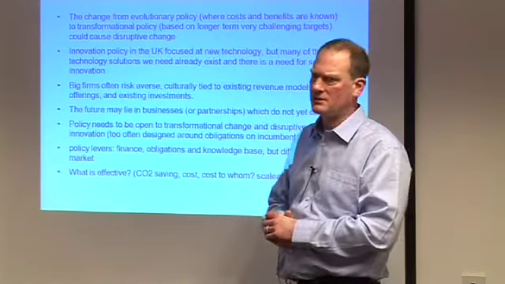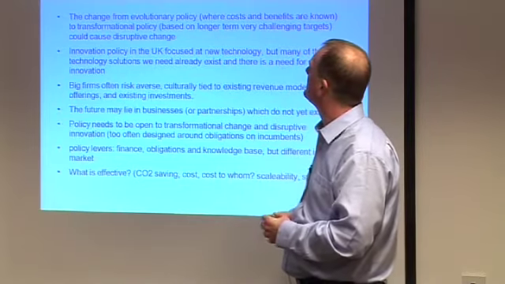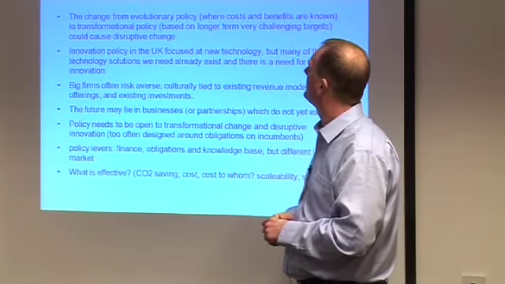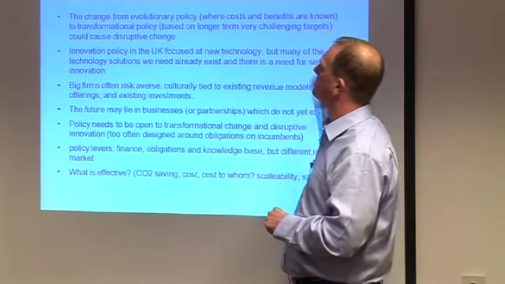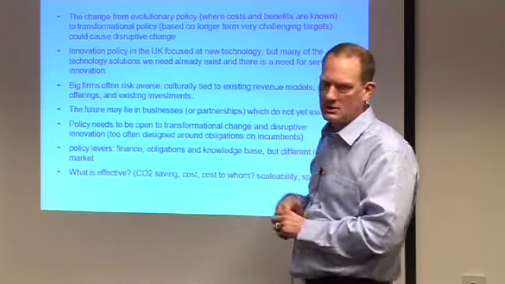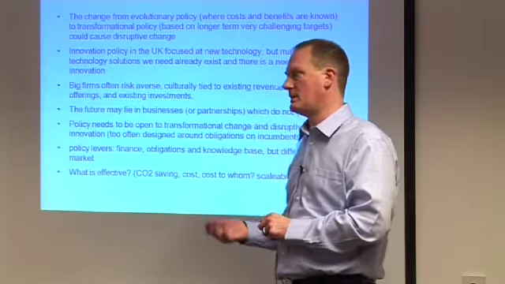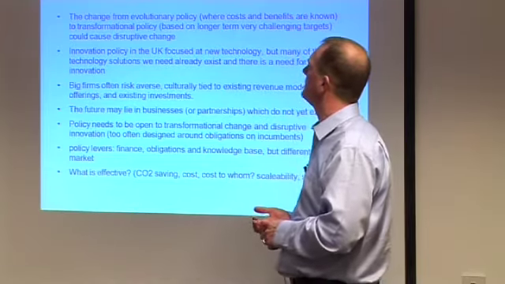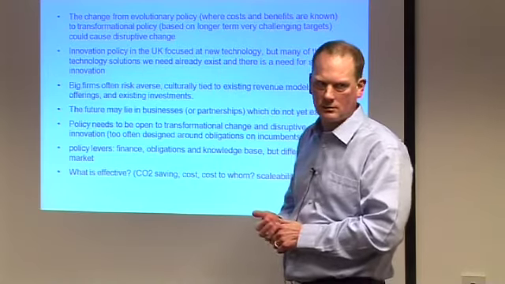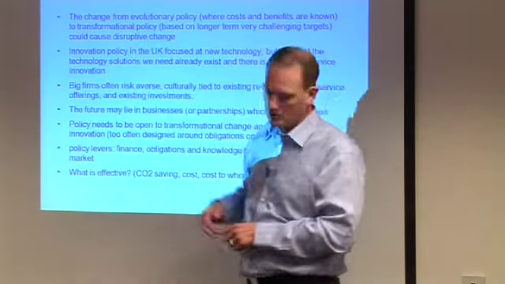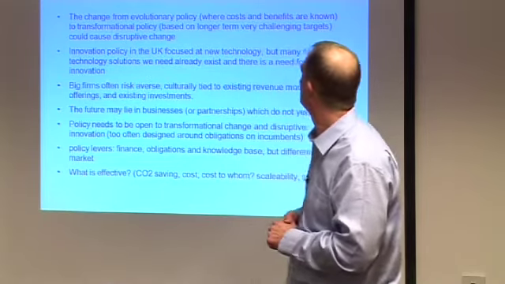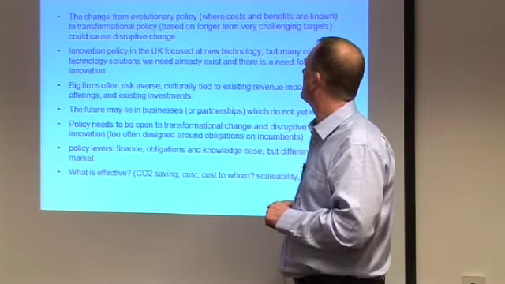I think this pretty much is the final slide. The change from evolutionary policy, where costs and benefits are known, to transformational policy, which is target-based without any visible means of delivery at the present time, is a very challenging one. And I think it will cause, and has caused, quite disruptive change.